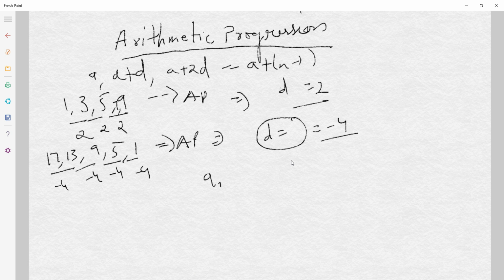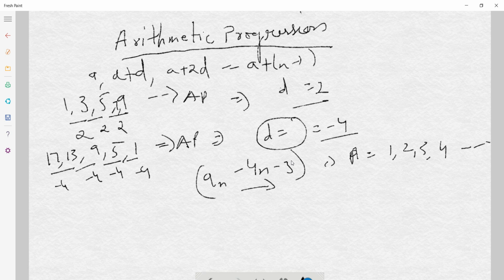Define something called a_n equals 4n minus 3, right? Now we need to find out whether this sequence is an AP or not. It's pretty easy to find out. We have to substitute n equals 1, 2, 3, 4, and so on.